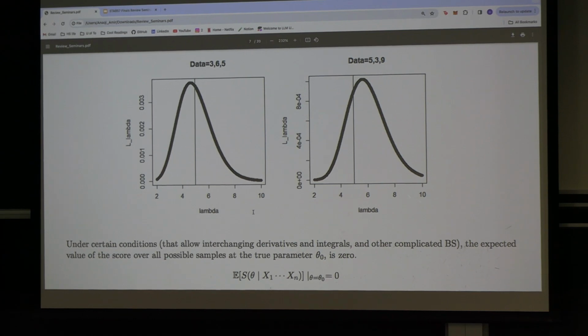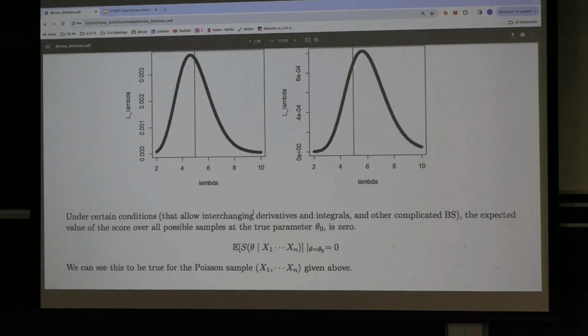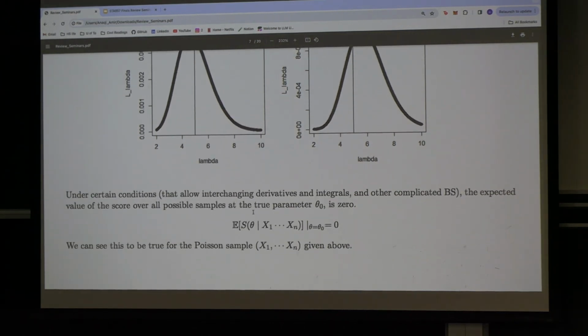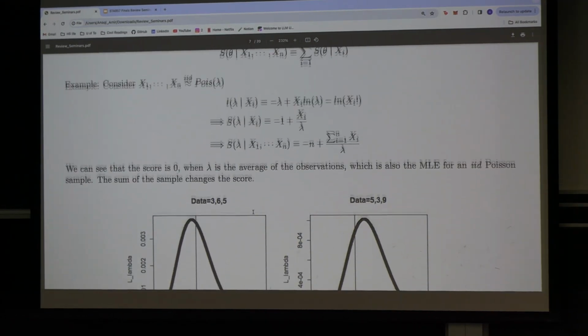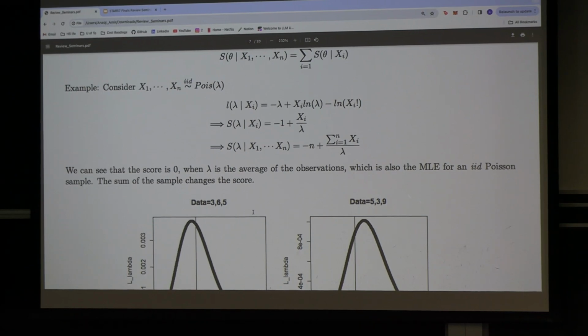And that is true only at the true parameter, right? Cool. We can see this will be true for the Poisson example. Well, then we should actually do the Poisson example. So we already have the score. I just have to show its expected value is 0, at the true parameter.